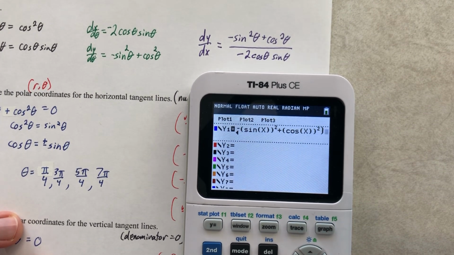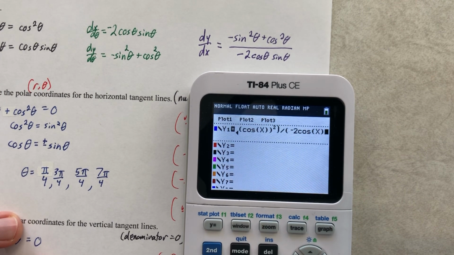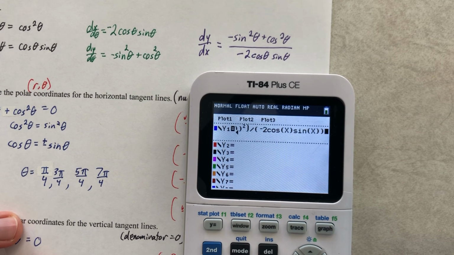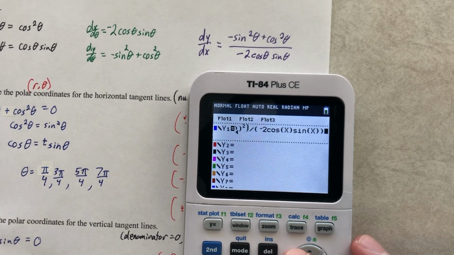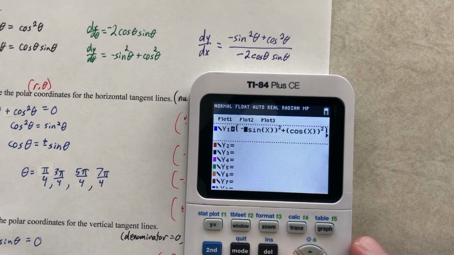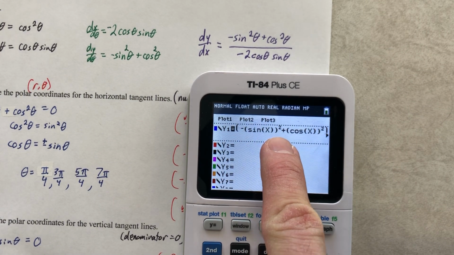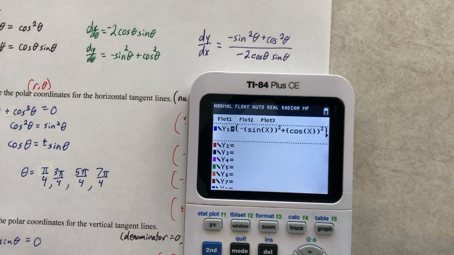And then that'll close out the numerator. Parentheses get out of hand here. -2 cosine x, and then sine x, and that closes out the denominator. And I'm going to double check. There's my denominator. It's good. My numerator is also good. Parentheses are in the right spot. We're good to go. Make sure that negative is outside of the parentheses that you're squaring. Otherwise, it would have the wrong sign.